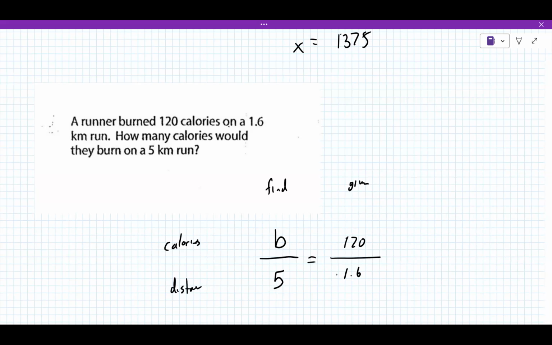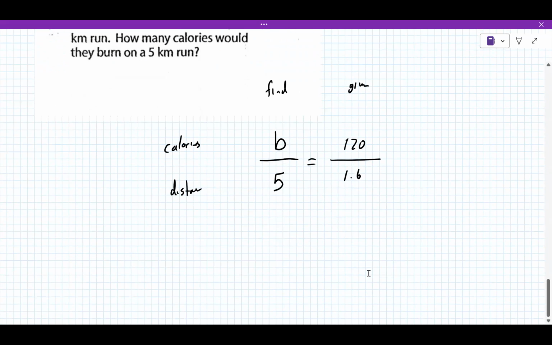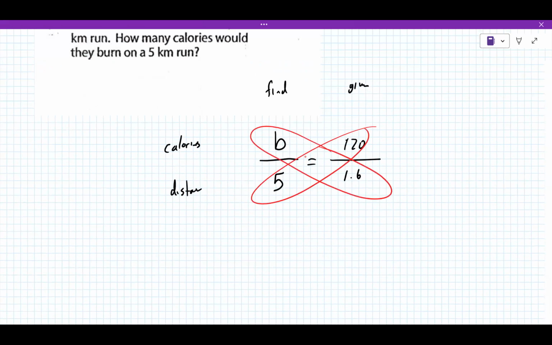And to solve this, you got to cross multiply again.